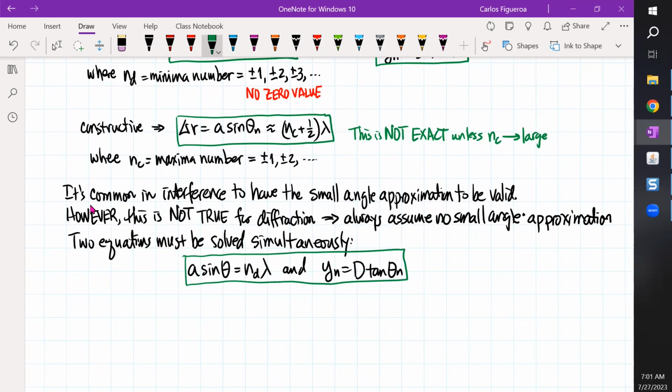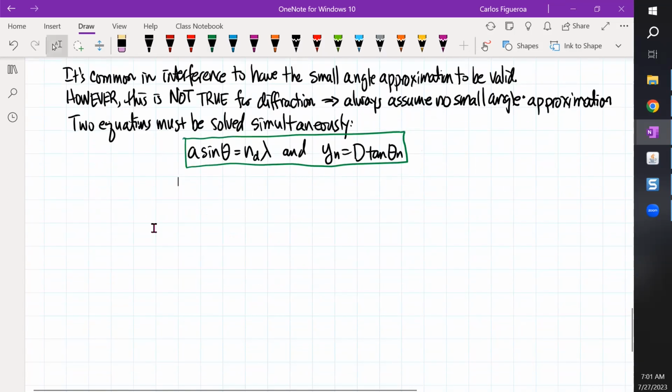Originally, in interference, I was going to have you do this no matter what. But if you go online, people always talk about the small angle approximation. So I thought that was important to do it then. So now, here's what we find.